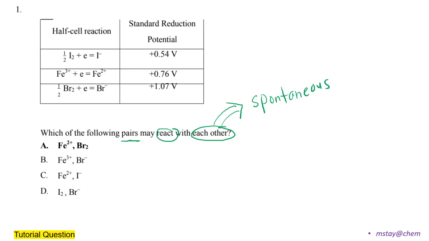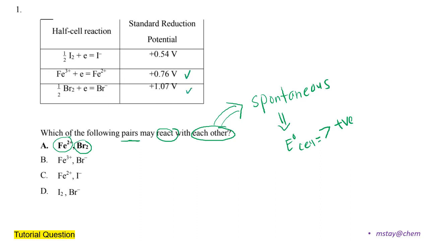If the reaction is spontaneous, it means that E° cell will be a positive value. Now we want to check Fe2+ with Br2. Fe2+ is here, and this is Br2.